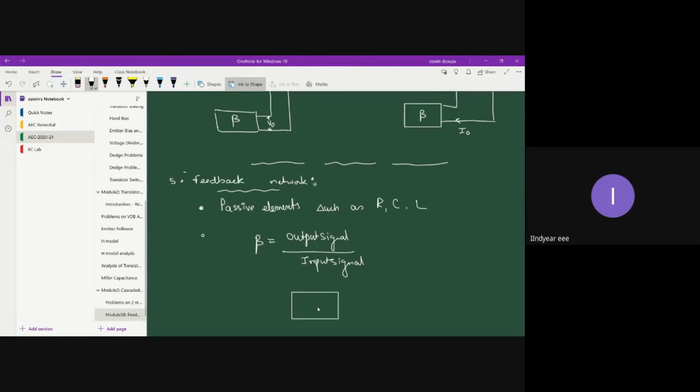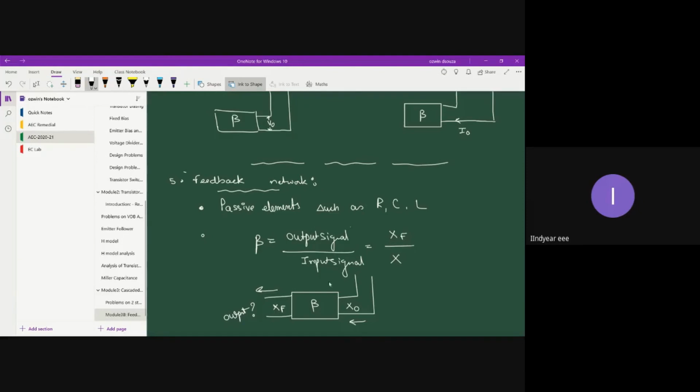Let's say this is your feedback network, which gets some input x0 and gives output xf. So the gain is the output signal to the input signal. What is the output of the feedback block?